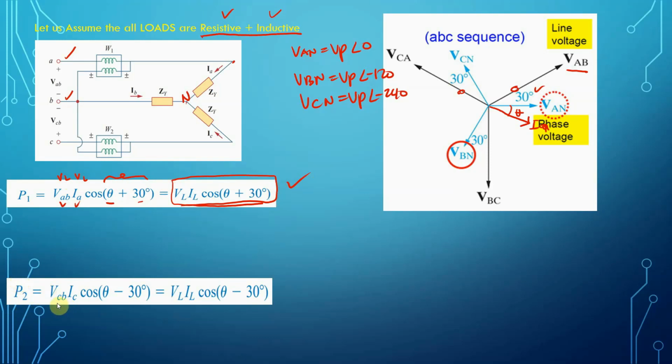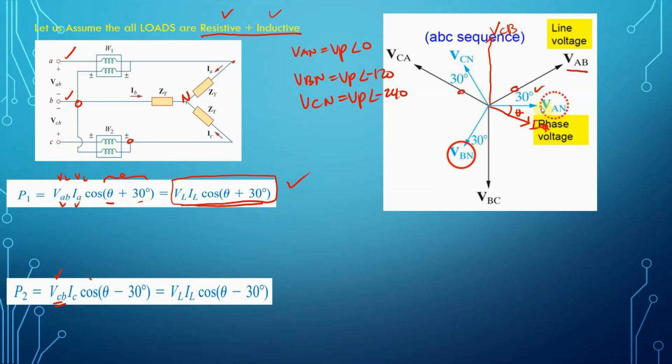Okay? Now, let us go to our wattmeter 2. Wattmeter 2 is the voltage VCB, voltage coil VCB. So we have VCB multiplied by IC, which is also a line current. And what is the phase angle between them? Phase angle between these two is, if you have this VBC, right? Of course, we will have this, the VCB is on the other side. Let me just draw it. This is our VCB. Okay?